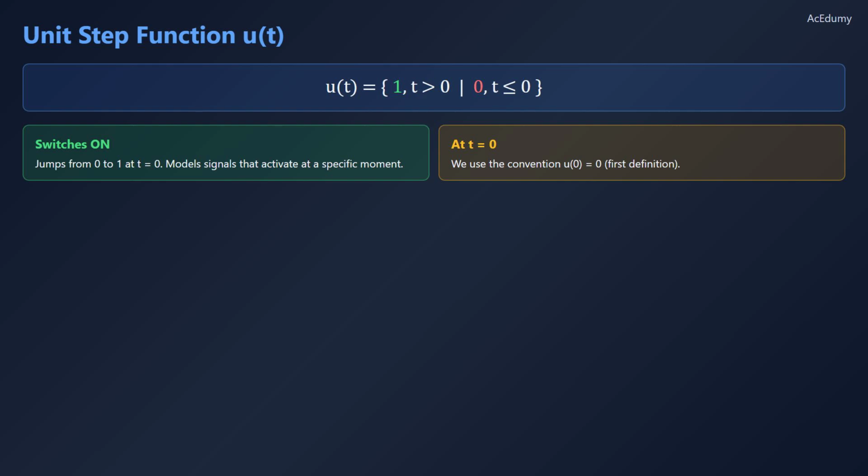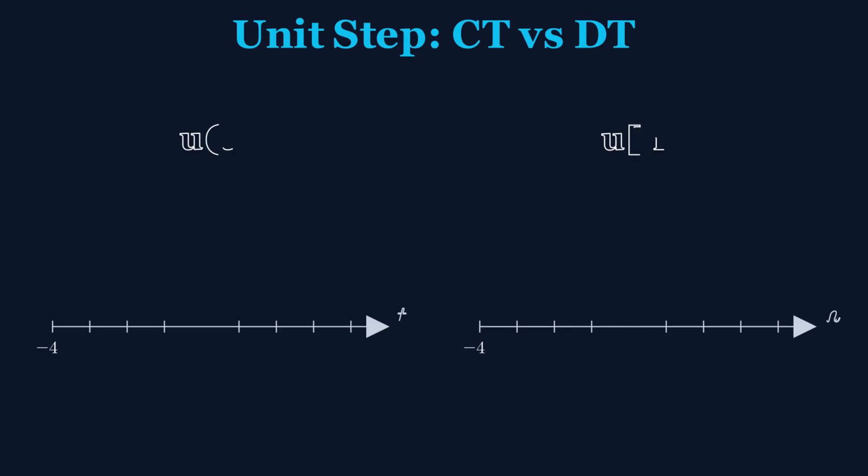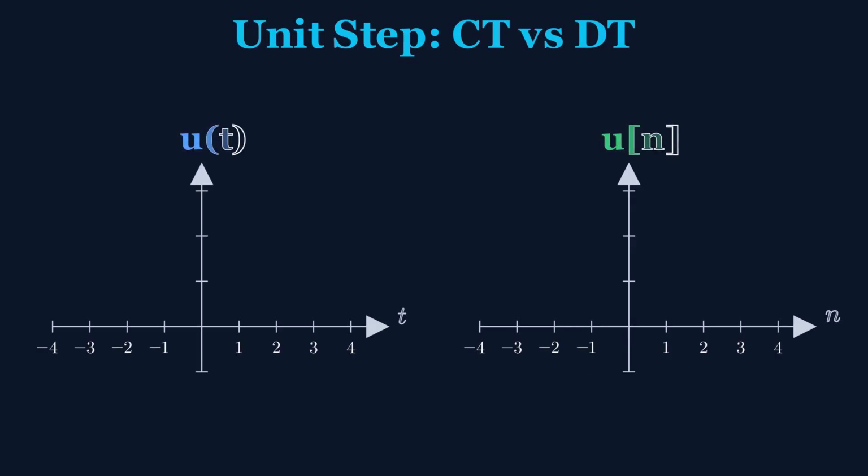of 0 equals 0. Now let us compare the continuous time and discrete time versions side by side. For continuous time, u of t is a horizontal line at 0 for t less than 0, with an instantaneous jump to 1 at t equals 0. For discrete time, u of n equals 1 when n is greater than or equal to 0, and 0 for negative n.